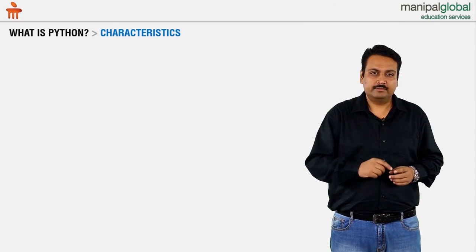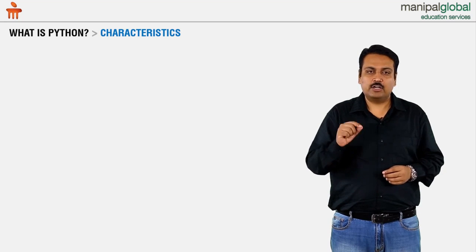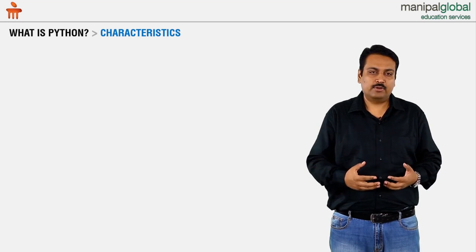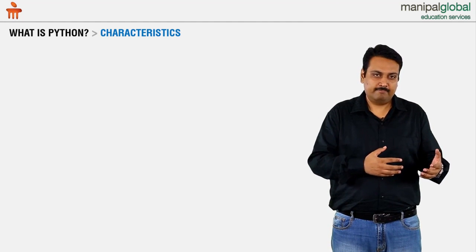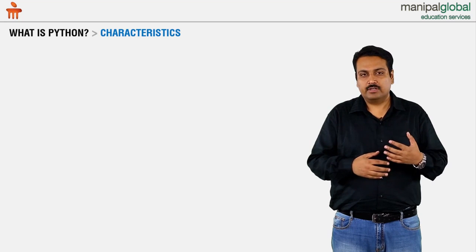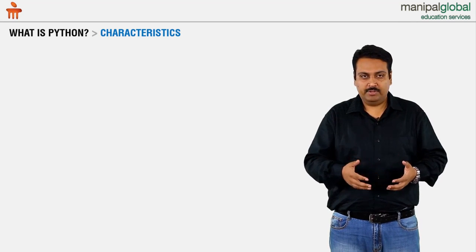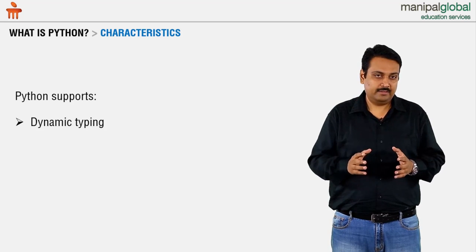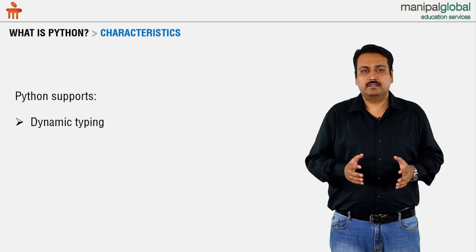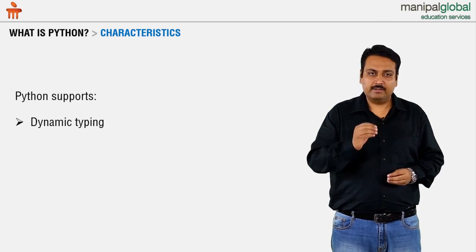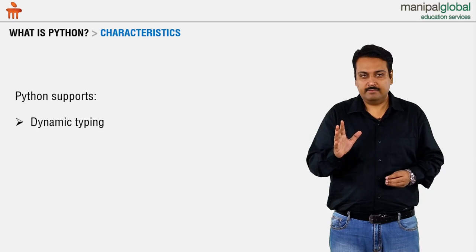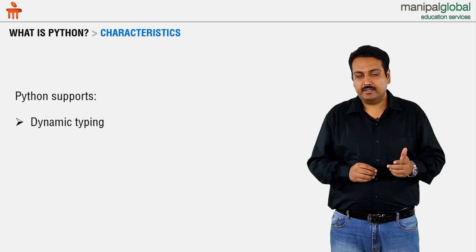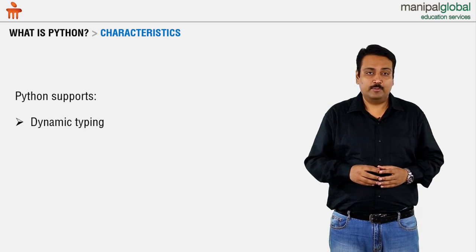But in case of Python, the file will have extension .py, and .py is going to be taken as an input by the interpreter, and it's going to execute the code dynamically. So we say that Python has support for dynamic typing. Dynamic typing in the sense that the data types will be identified at runtime. So since the code is not compiled, it is interpreted, Python is dynamically typed.